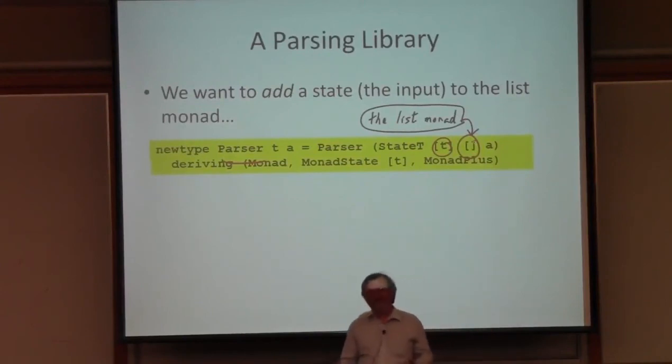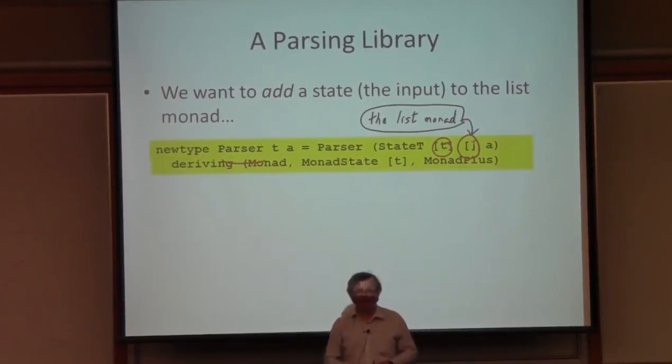Just give me the same instances for the parser type. After all, those types are isomorphic, and in the running code, the representation is exactly the same. So you can simply reuse the same instances as long as the type checker will let you. And this deriving clause allows one to do that. So it saves a huge amount of boilerplate.